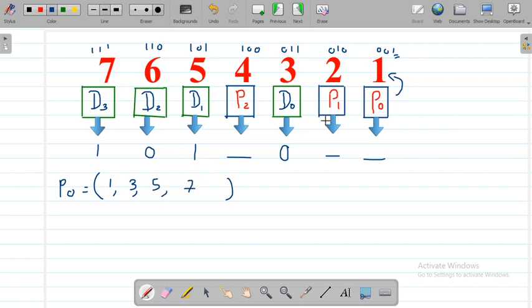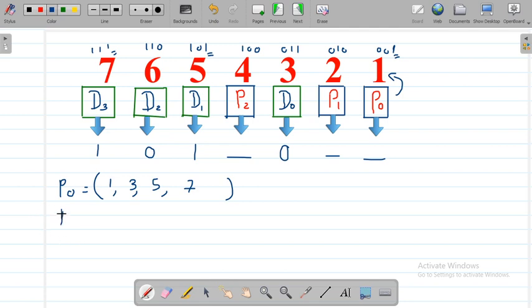Otherwise we can allocate the binary equivalent to these 7 digits and check the LSB bit as 1. Which digits have LSB as 1? 1, 3, 5 and 7. So 1, 3, 5 and 7.